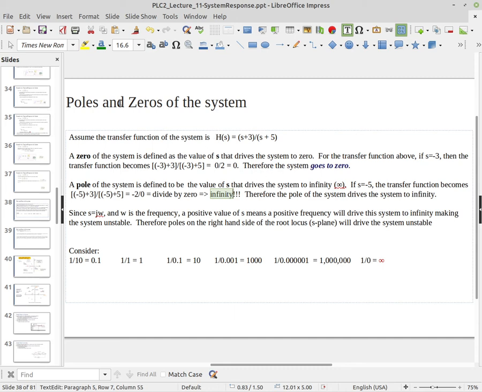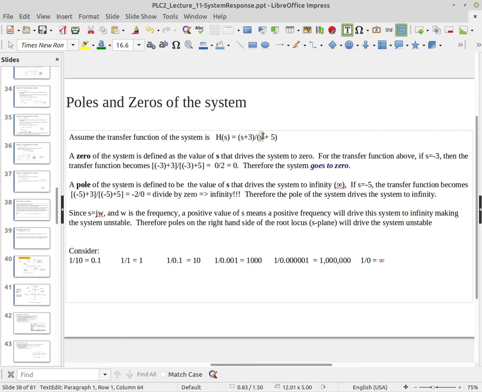And so a pole is a value that would make the denominator go to 0, which would make the system basically blow up, break, be destroyed. All right, and so now notice here that if s is a frequency, if s is equal to omega, you can never create a negative frequency.